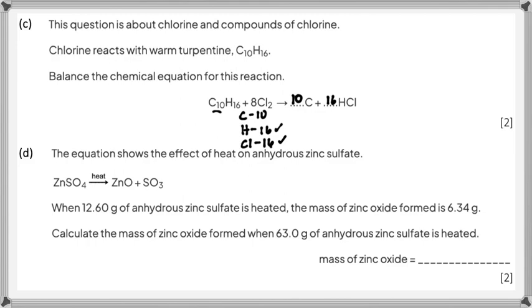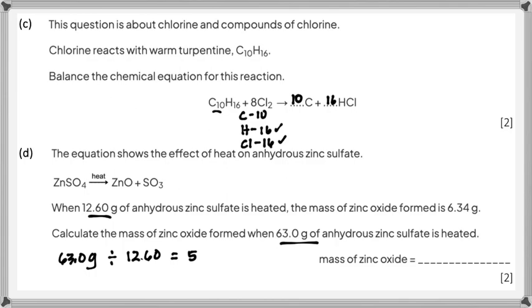Looking at the given, we have 63 grams of anhydrous zinc sulfate, and when 12.6 grams is heated, the zinc oxide formed is 6.34. If we divide 63.0 grams by 12.6, we get 5. So 63 grams is 5 times more than 12.6.